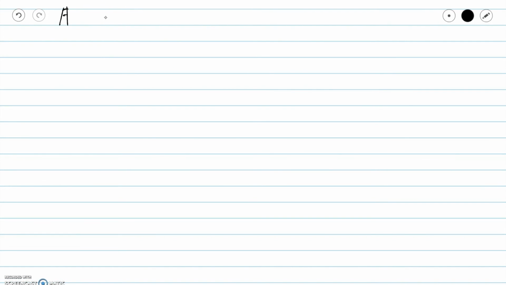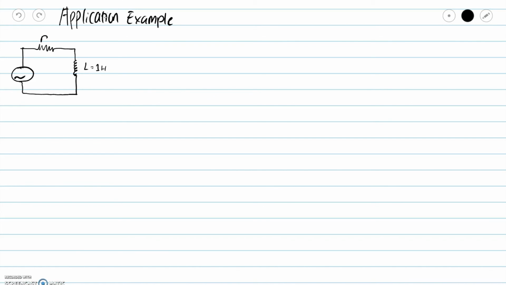The next application problem we will have is the RL circuit problem. In this problem, we will have the inductor, voltage source, and the resistor in this circuit.